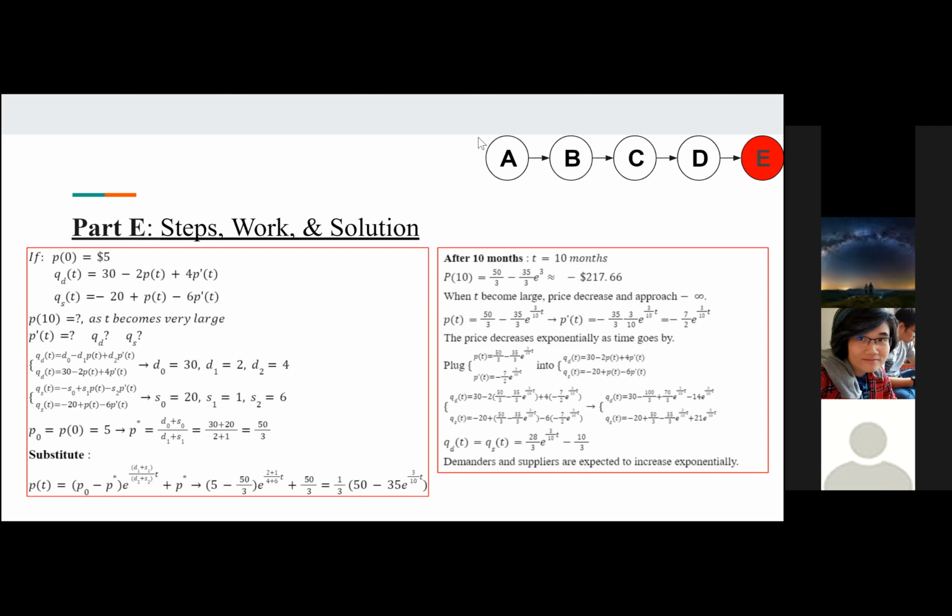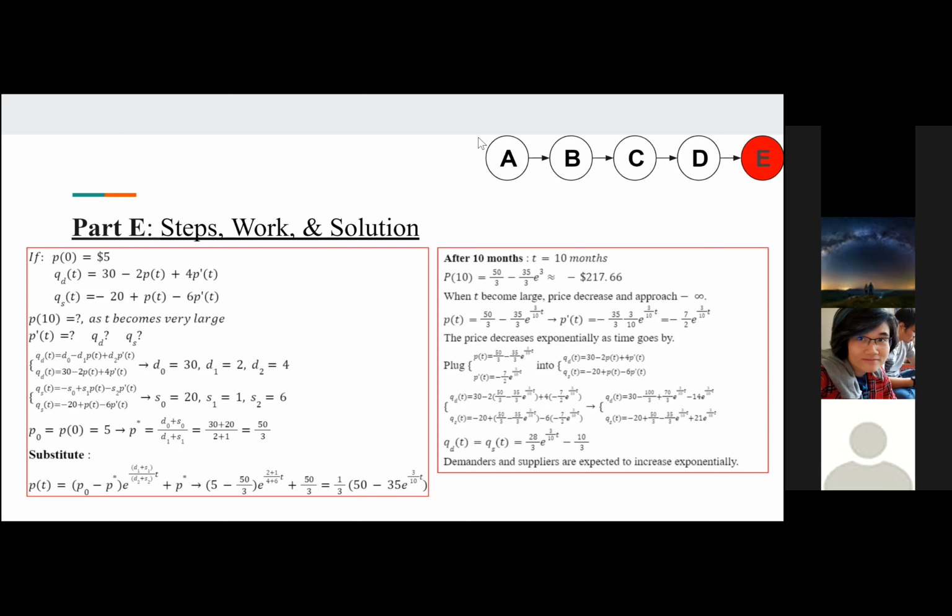After 10 months, we put 10 months into the equation, and we get around negative $217.66. When t becomes large, the price decreases and approaches negative infinity. That means that the market has crashed and will continue to crash.